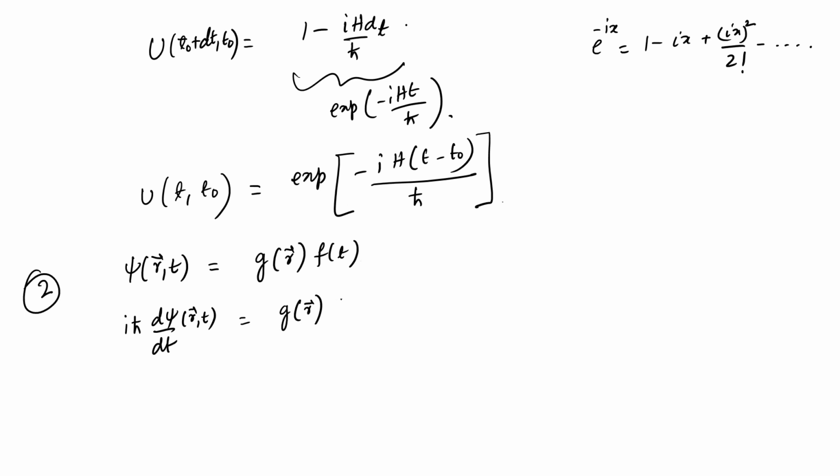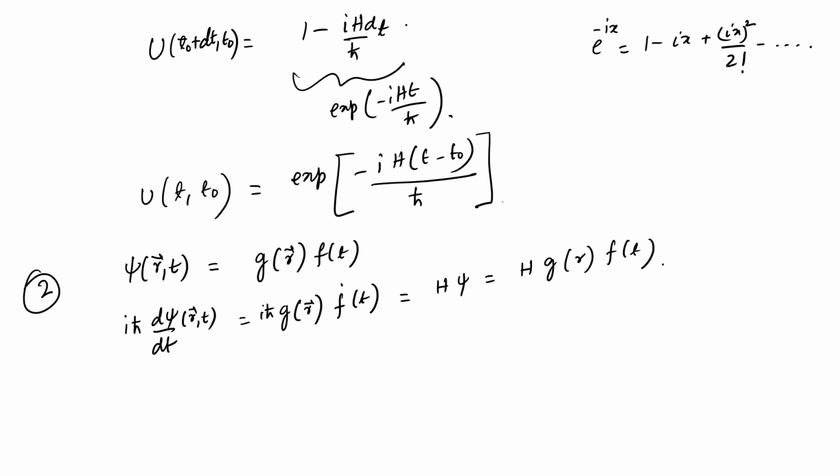So, it is g of r f dot of t. So, this is equal to i h cross g of r f dot of t, and that is equal to H psi, which is equal to H acting on g of r f of t.